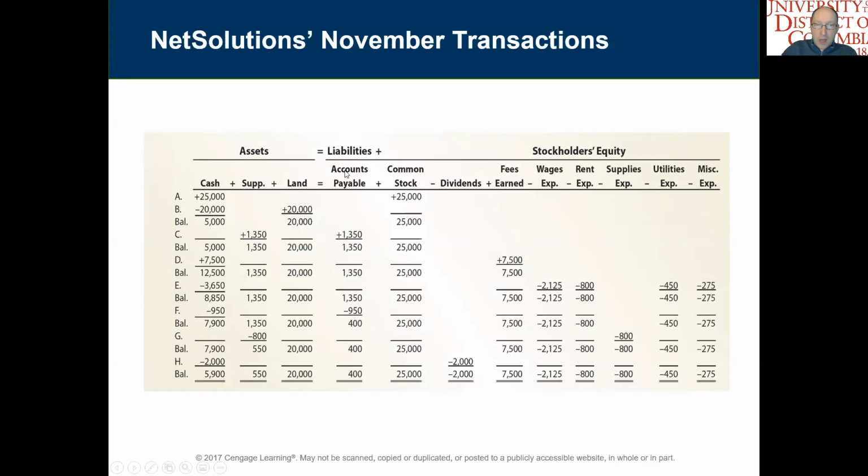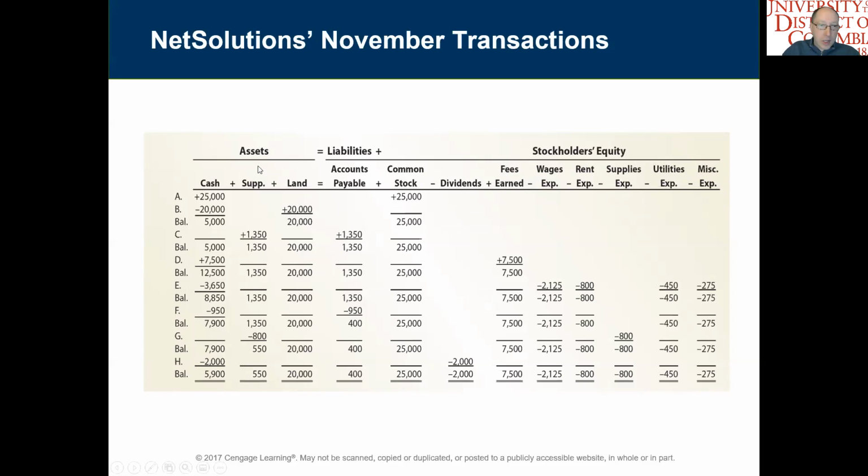Under liabilities, we have accounts payable. And under equity, we have common stock, dividends, and then our temporary accounts that get closed out, such as fees earned, wages, rent, supplies expense, utilities expense, and miscellaneous expense. All of these come from the income statement, and once they're closed out for that accounting period, they get transferred to the balance sheet.